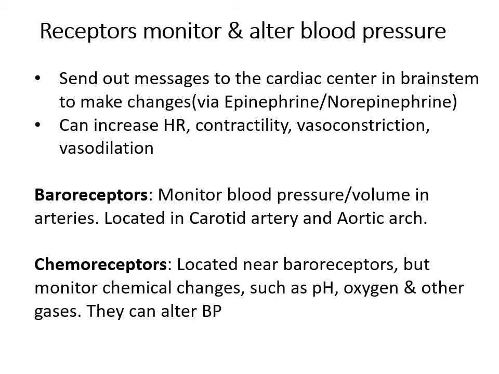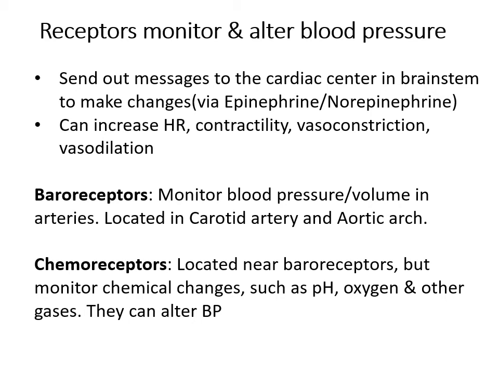Chemoreceptors also exist in blood vessels, and they're constantly monitoring the chemicals in the blood: the pH, the oxygen level, the CO2 level. They can alter blood pressure, and also other factors, so that the pH, oxygen, and other gases in the blood are maintained at a normal level.